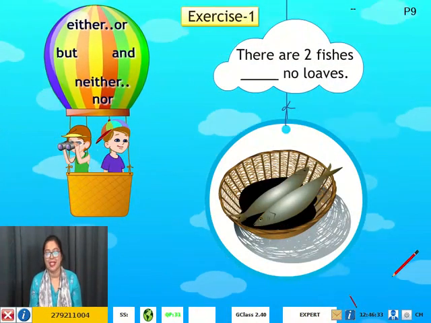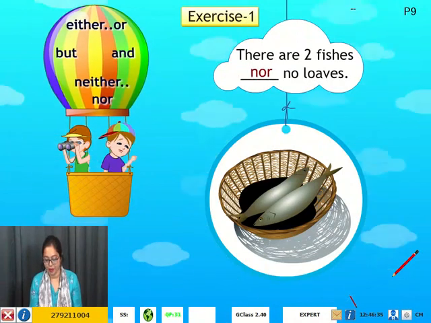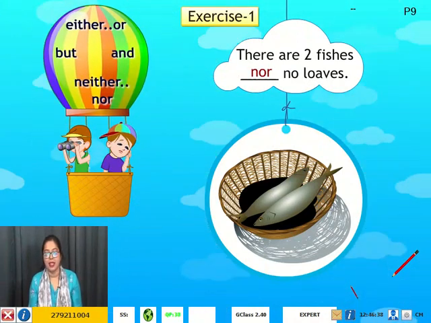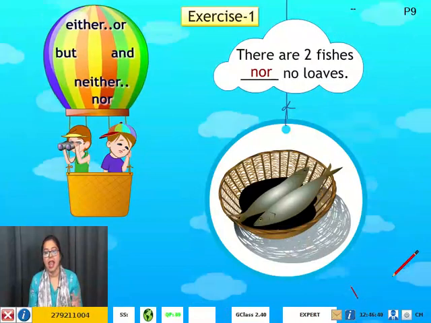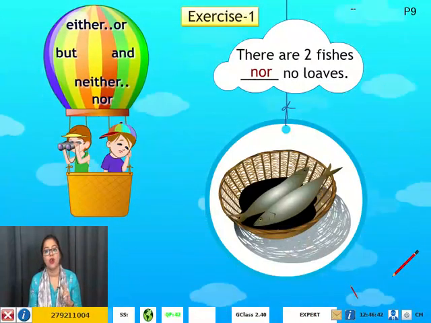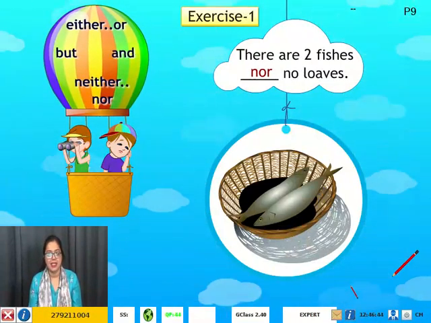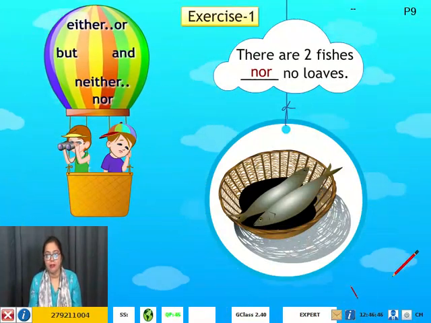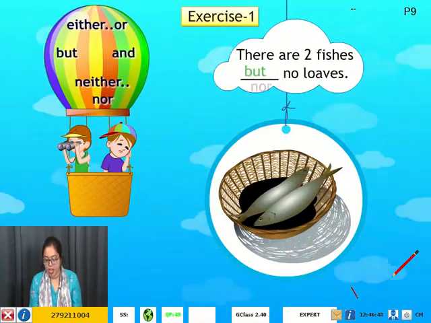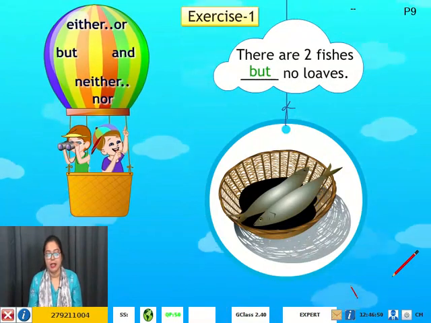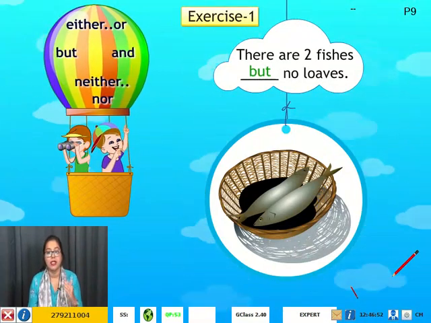Next you see what is coming up on the screen. The next question is, there are two fishes nor two loaves. Is it the correct one? Will nor be the correct one for this exercise? No, right? So what is the correct one? The correct one is but. So here is the condition.